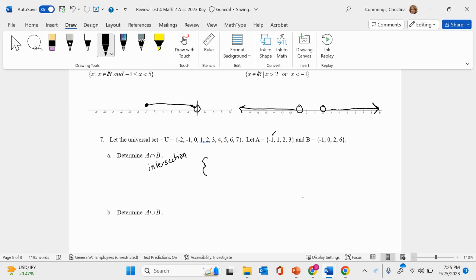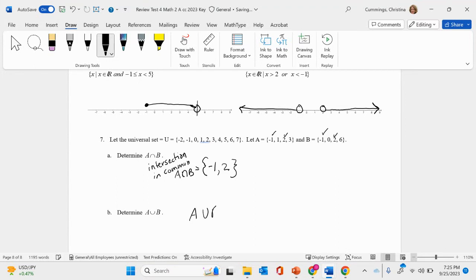Both A and B have -1. So intersection is in common, you can think of it that way. Do they both have 1? No. Do they both have 2? Yes. They don't both have 3. They don't both have 6. So this is A intersection B equals that set.